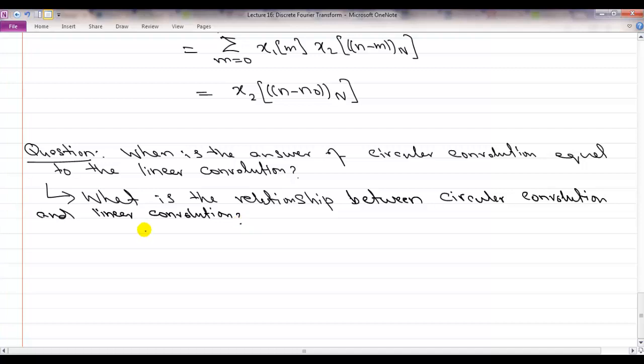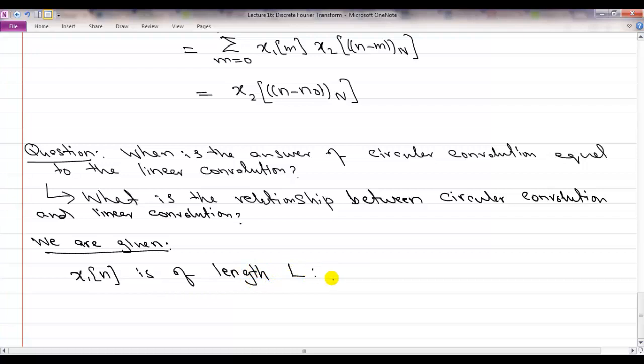So to answer this, we'll start with two sequences. We'll say we are given two sequences, x1 of n is of length capital L, which means that x1 of n will be equal to 0 for all n not in 0, 1 up to L minus 1.